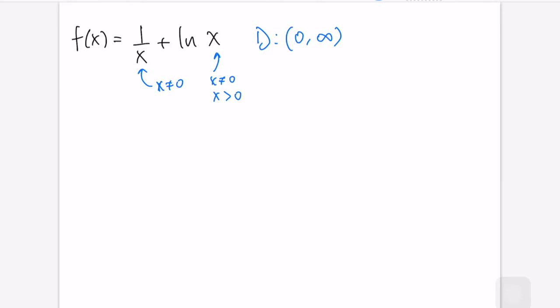Because x is not equal to 0, there will be no intercept. If f(x) is 0, this is not possible, because if x is 1, there will be 1 plus 0, still 1. So we don't have any intercept at all.